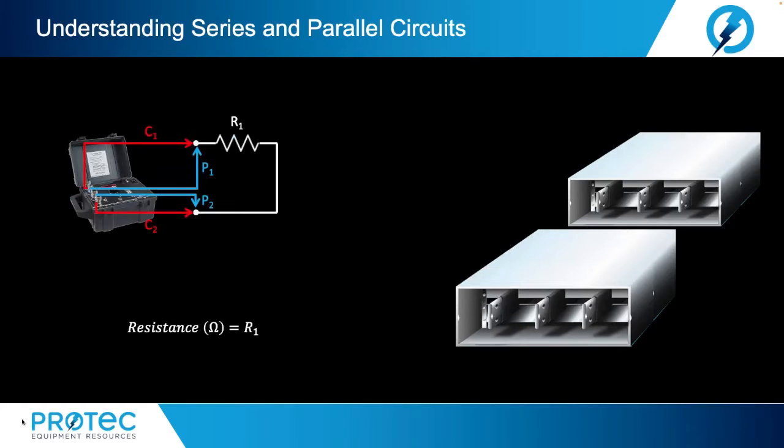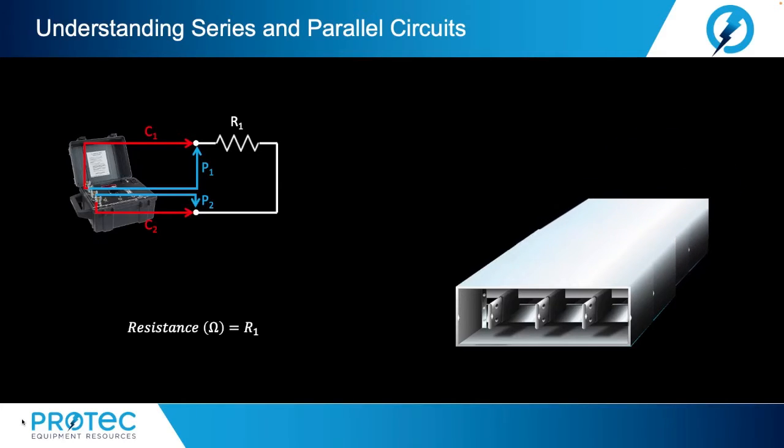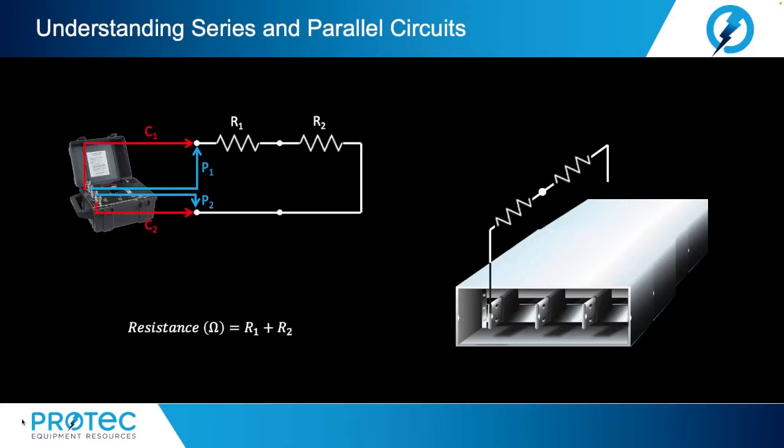Now here, if we were to test, for instance, just a single bus, we would go ahead and connect the instrument as shown in the diagram. And if we were to now connect that bus section into another bus section, well, obviously we'd be interested in measuring the connection point, how good an electrical contact it is as they're bolted together.